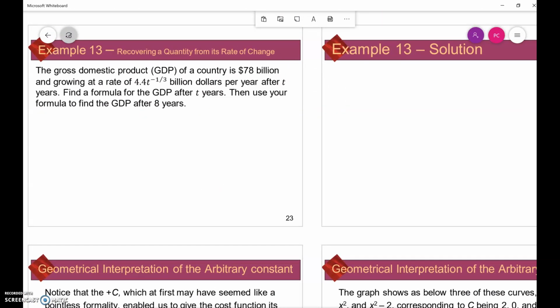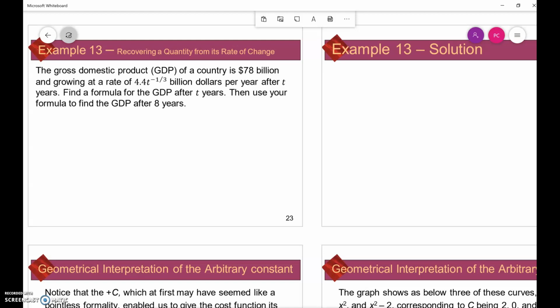The gross domestic product, GDP, of a country is $78 billion and growing at a rate of 4.4 t to the negative 1/3 billion dollars per year after t years. We need to find the formula for the GDP after t years and then use our formula to find the GDP after 8 years. Okay?